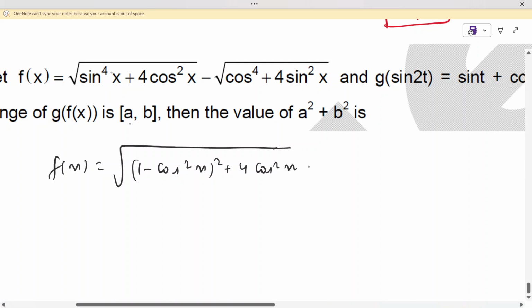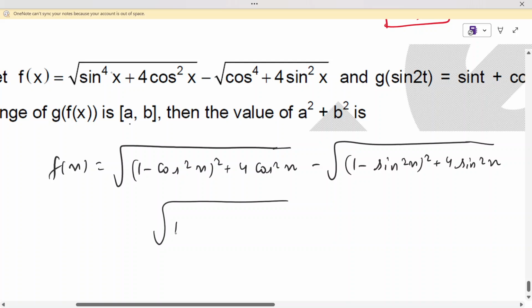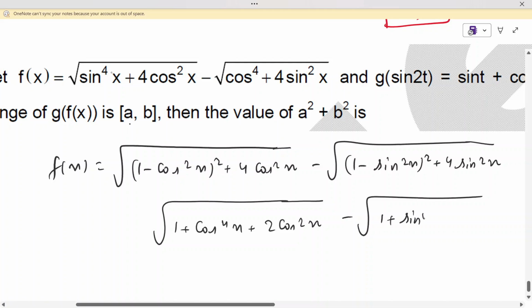Plus 4 cos square x, and minus (1 minus sin square x) plus 4 sin square x. Now I have 1 plus cos to the power 4 x plus 2 cos square x, fine, minus 1 plus sin to the power 4 x plus 2 sin square x, clear?